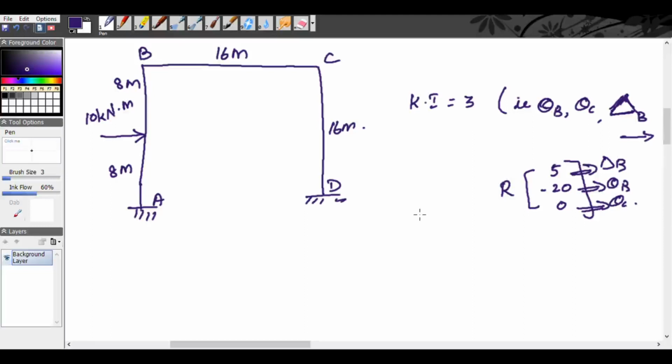Here also there is a chance for you to make a mistake. How did you get this 5?